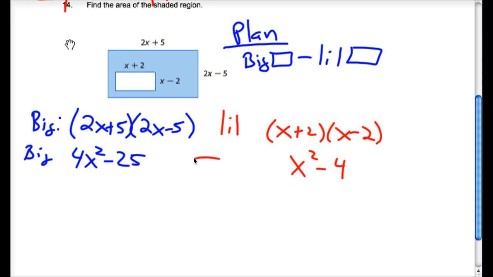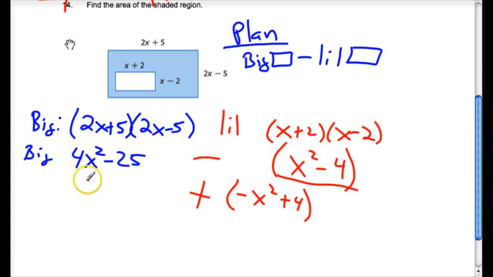No. Guys, I haven't graded your quizzes yet, but the other class couldn't subtract because they didn't want to do plus negative x squared plus 4. Don't subtract in here. Add the opposite. If you subtract, you get it wrong. I mean, if you subtract correctly, you will get it right.